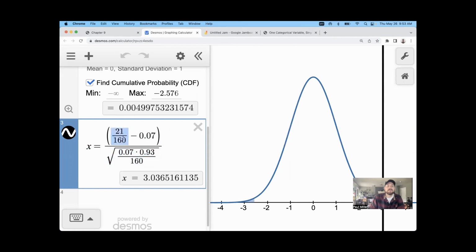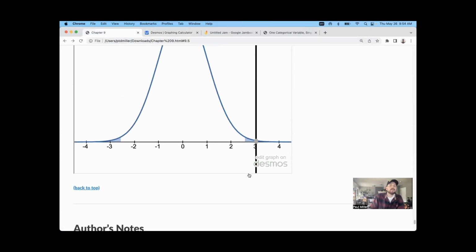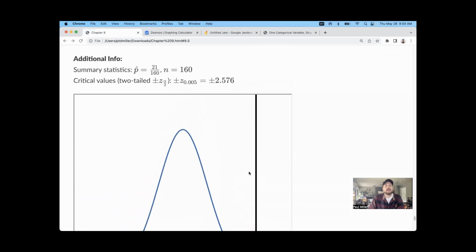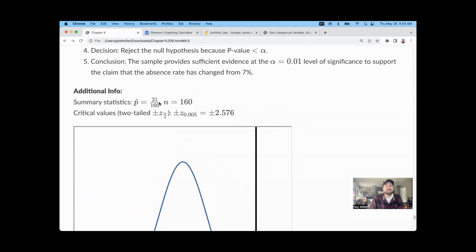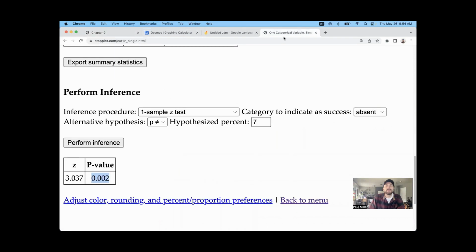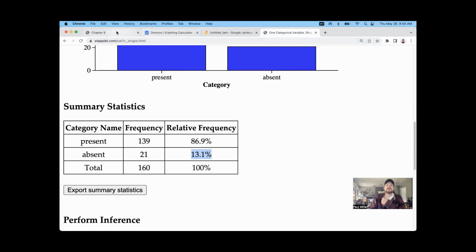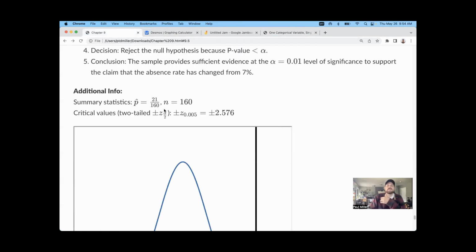I typically will use a fraction here for that p hat. It's something you don't need to worry about unless you get into the weeds of it. For p hat, we do have a percentage, 13.1, but that may be rounded, and using a rounded number for later calculations can give you some rounding error.